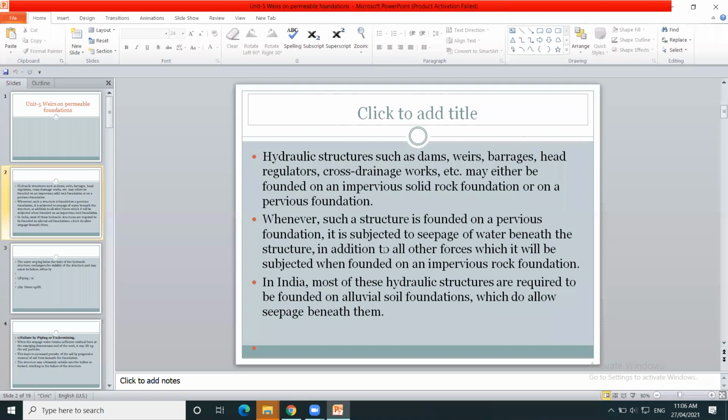When these structures are constructed on a pervious foundation, water will pass through the foundation. Seepage of water will take place beneath the structure if the soil is pervious.